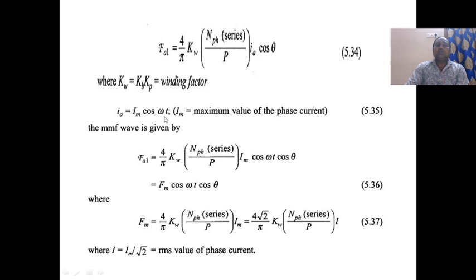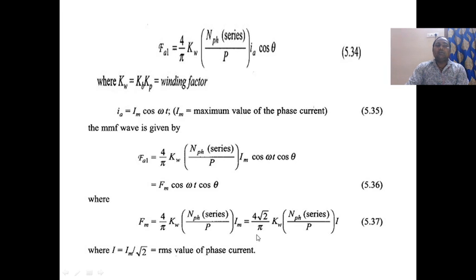IA is equal to Im cos omega t. FA1 is equal to 4 by pi kW N phase series Im by P cos omega t cos theta. Suppose we take all these as Fm, the equation becomes Fm cos omega t cos theta, where Fm is equal to 4 by pi kW N phase Im by P.